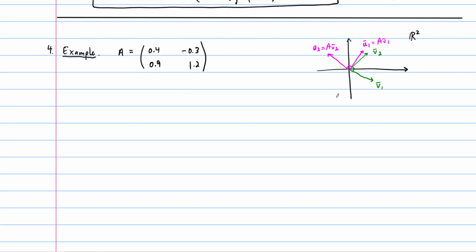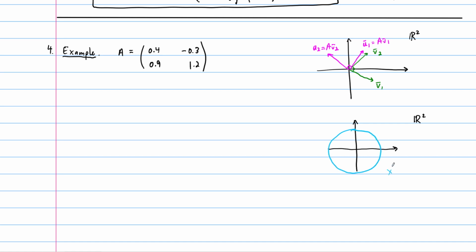So how are we going to find these? Well, we've talked about how to find them in a purely matrix approach, but there's another way, especially in R2. If we're working in R2, then all of the possible unit vectors, right, are vectors whose terminal point lies on the unit circle. So we can consider the unit circle here.